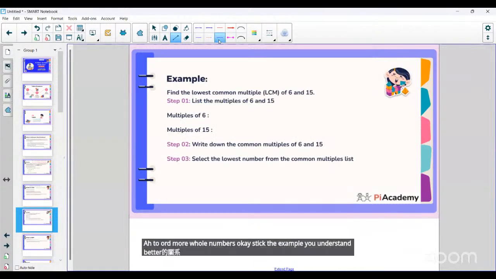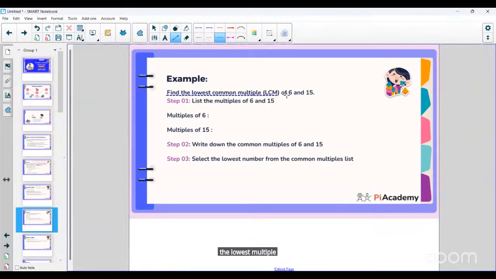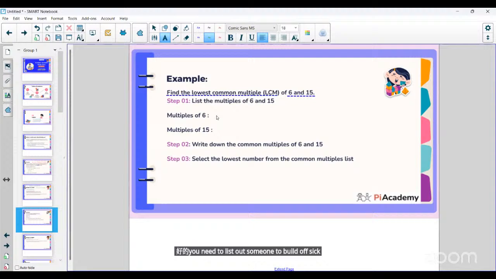The question is, find the lowest common multiple of 6 and 15. So how do you start? Very firstly, you need to list out the multiples of 6. What are the multiples of 6?